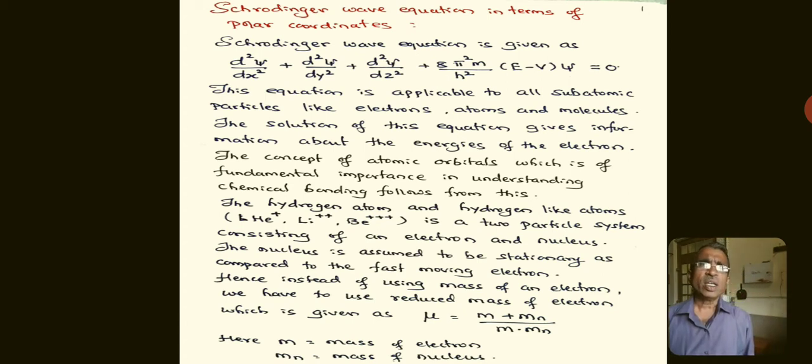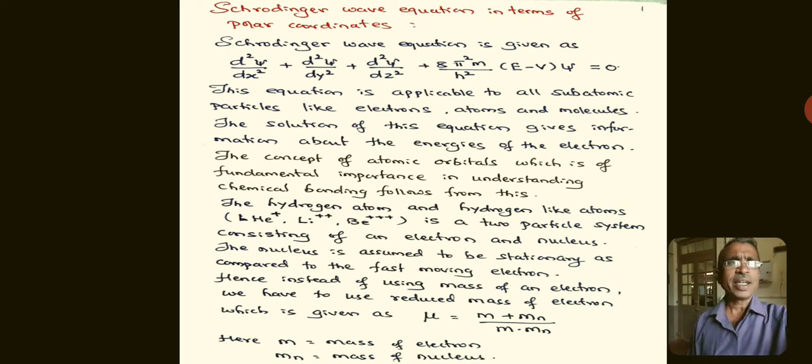That means in the Schrödinger wave equation, instead of taking the mass of the electron as m, we have to take the reduced mass, because both the mass of the nucleus, which is stationary, and the mass of the electron, which is in motion, are taken into consideration here.